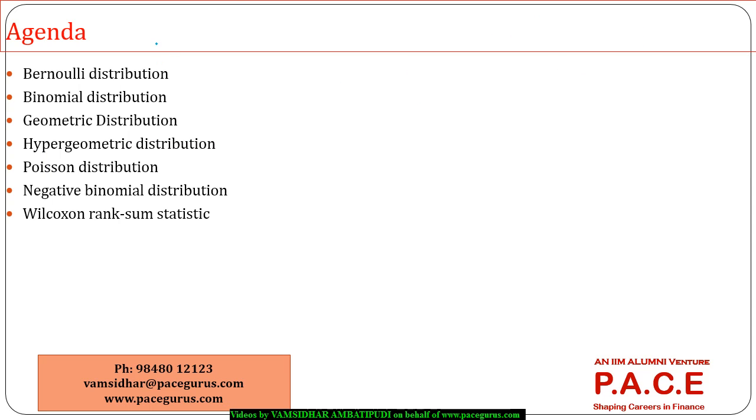So we are going to take up the Bernoulli distribution, the binomial, geometric, hypergeometric, the Poisson distribution, negative binomial distribution, and finally we would just have a quick introduction to the Wilcoxon rank sum statistic, which would be used as an alternative to the t-test in our hypothesis testing sessions that we are going to look at later on.